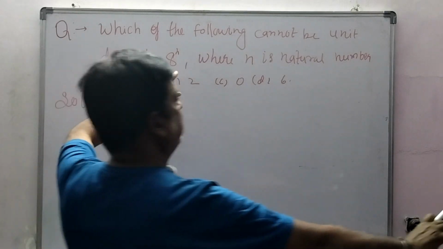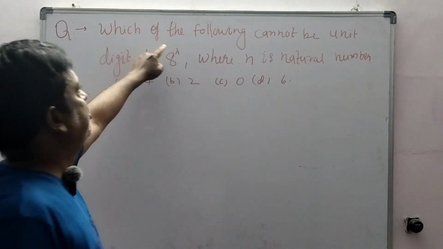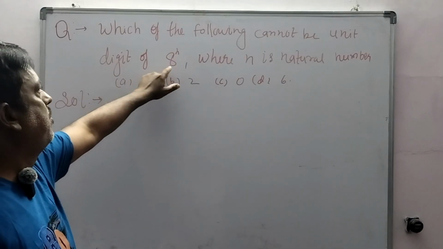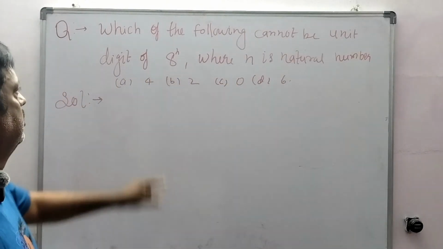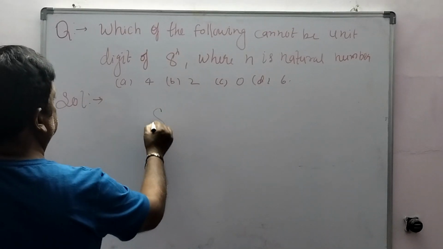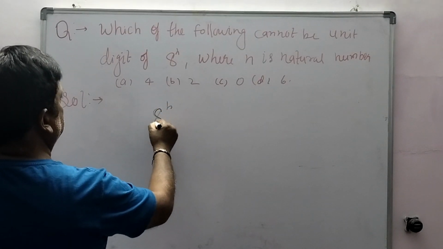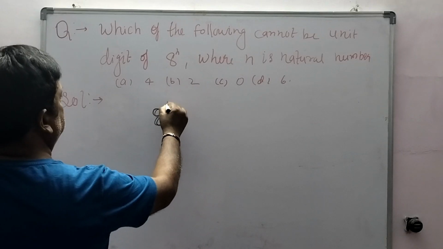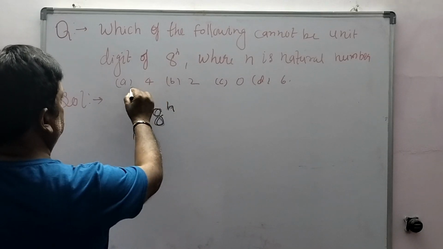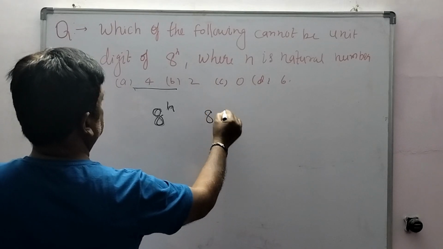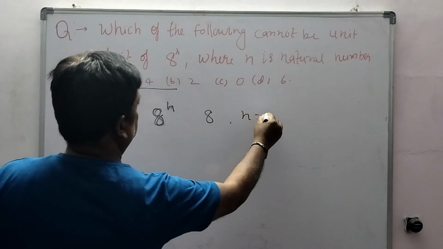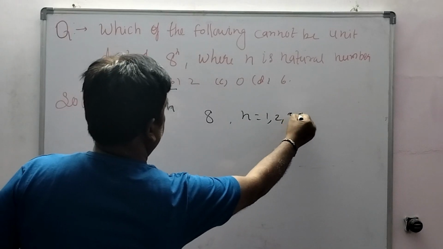One new question is given, friends. Which of the following cannot be the unit digit of 8 to the power n, where n is a natural number? The form of the number is 8 to the power n. Putting n equal to 1, 2, 3, 4 and so on.